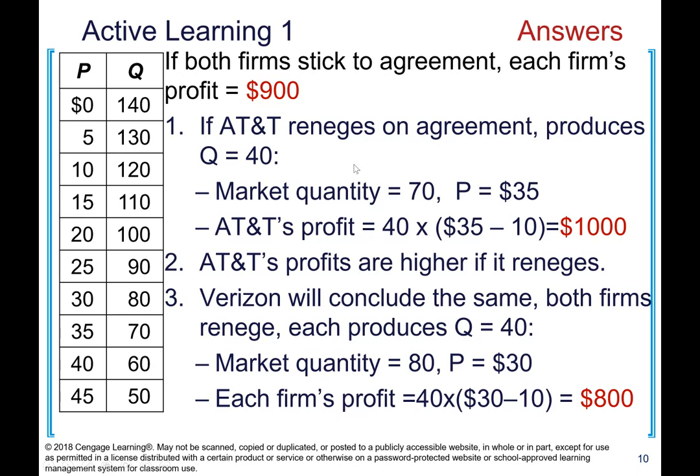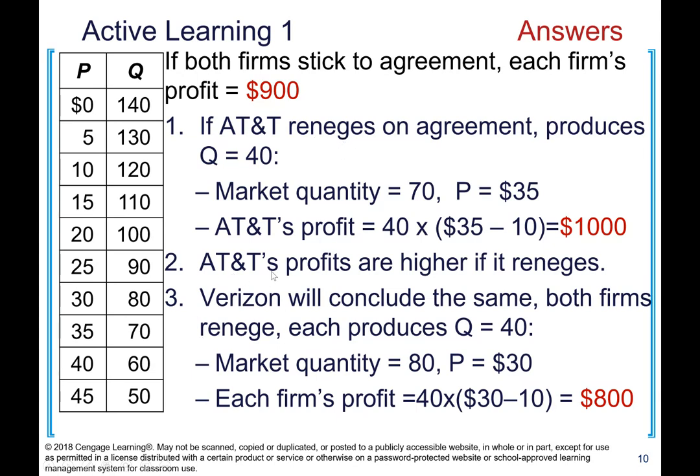If AT&T reneges on the agreement and produces 40, the market quantity sold would be 70, the price would be 35, and AT&T would make a profit of 40 times 35 minus 10, of course, and that would be $1,000. So AT&T would make more money if it reneges on the agreement.